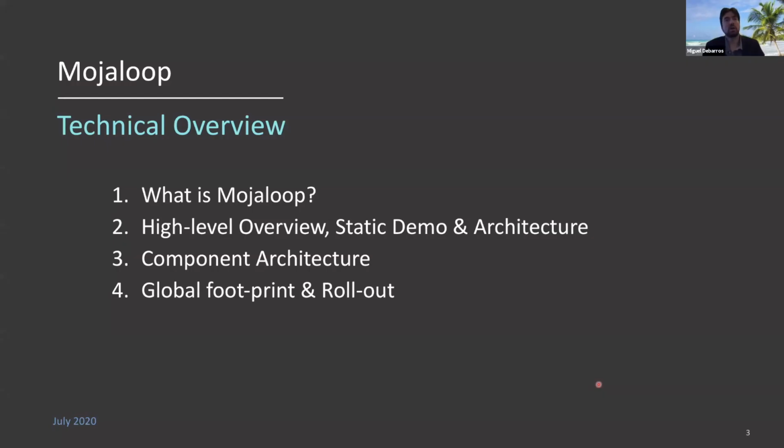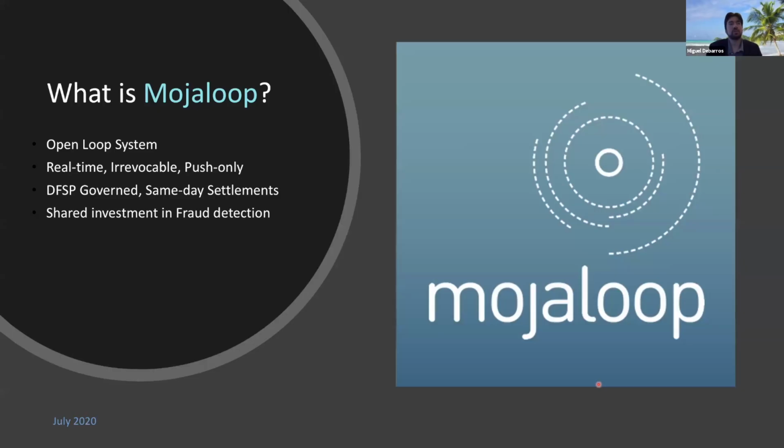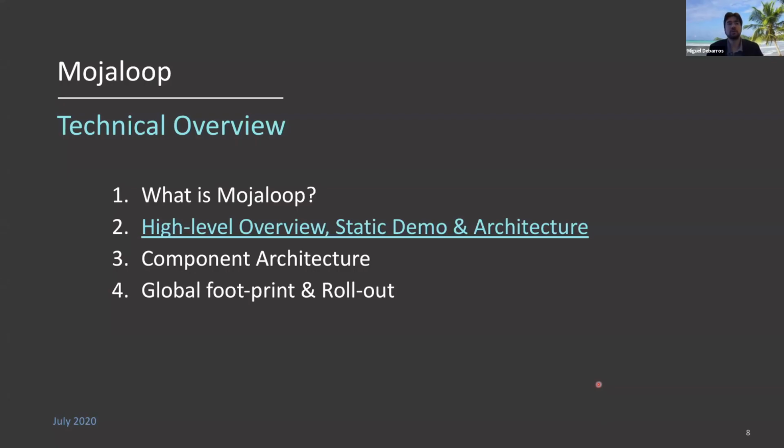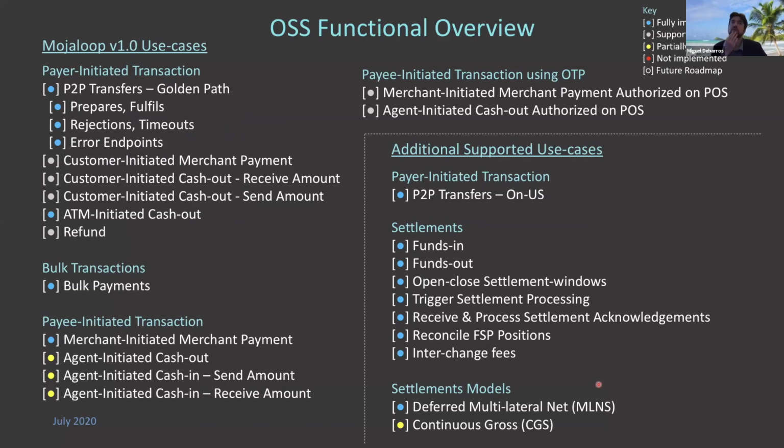Okay, so I'm going to skip this. What is Mojaloop? I'm going to move more on to here. This is a functional overview of what has been implemented so far on the open source side of things. If you go through the Mojaloop specifications, you'll know that there are specific use cases, for example, payer-initiated transactions, bulk transactions, payee-initiated transactions, etc. This is just a view of what has been implemented, and what is supported but maybe not fully tested yet.